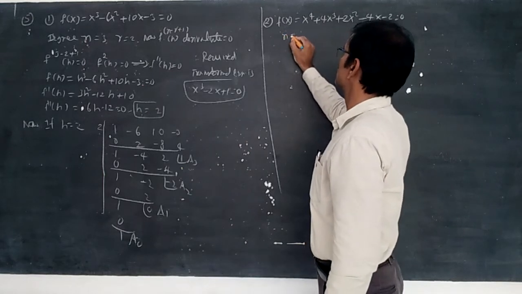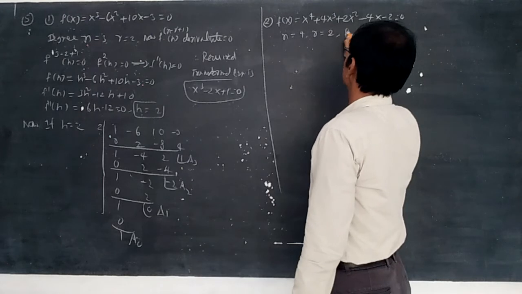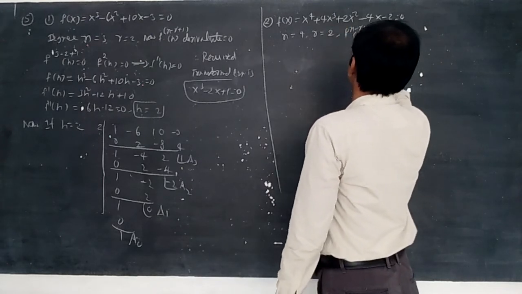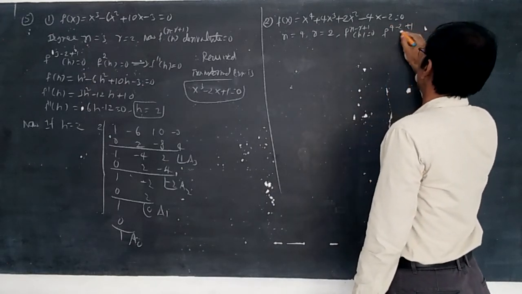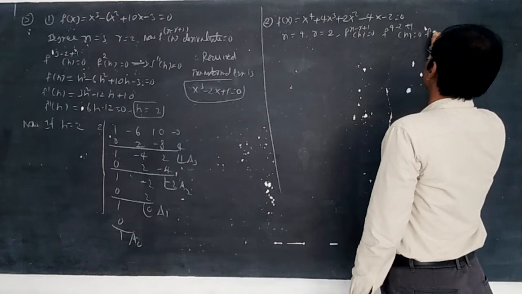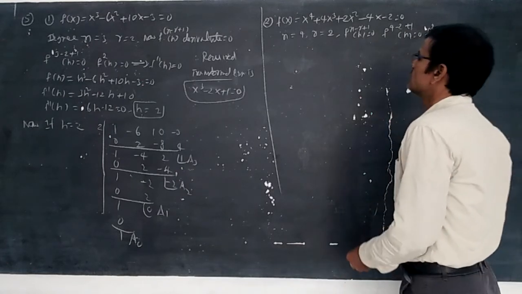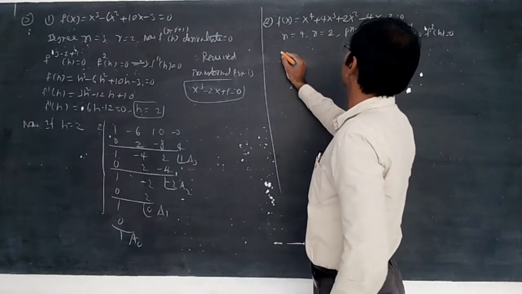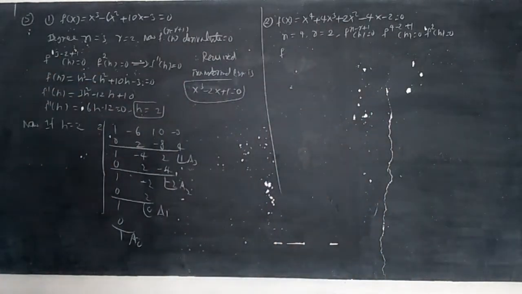N is equal to degree 4, R is equal to second highest term 2. F power n minus r plus 1 of h is equal to 0. So f power 4 minus 2 plus 1 of h is equal to 0. So this is also f square of h is equal to 0. So f double dash h. So two terms should be there.